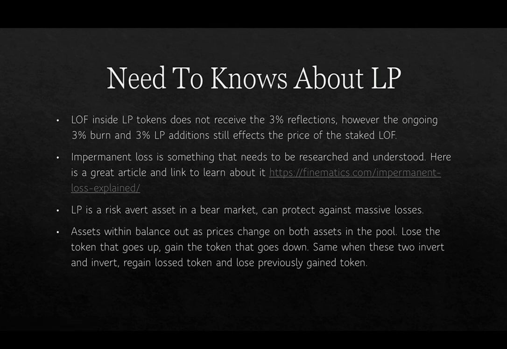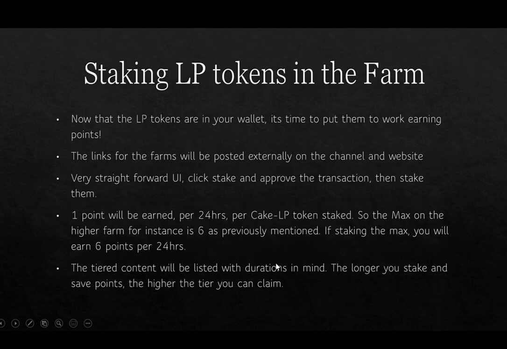You're just riding both of their coattails. Whoever's more successful, you're benefiting from that. They balance out, and you also gain liquidity fees from trading. Every single time somebody trades between LOF and BNB, you will get fees back.